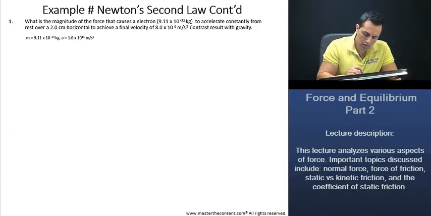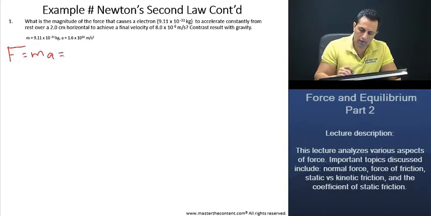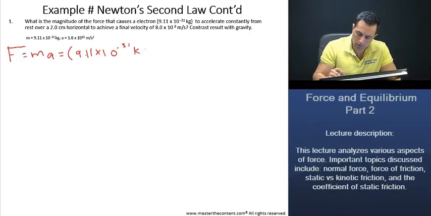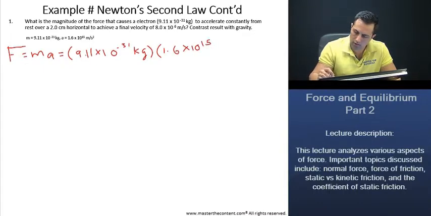Perfect. And we can just use our equation, force equals mass times acceleration, and we know that the mass is going to be 9.11 times 10 to the power of negative 31 kg, and our acceleration is just 1.6 times 10 to the 15 meters per second squared.